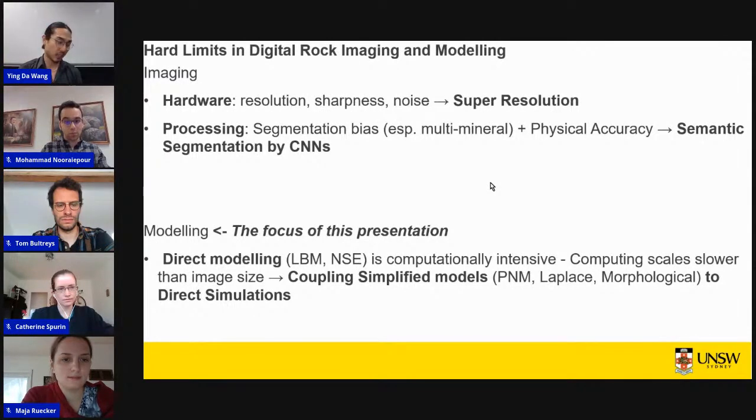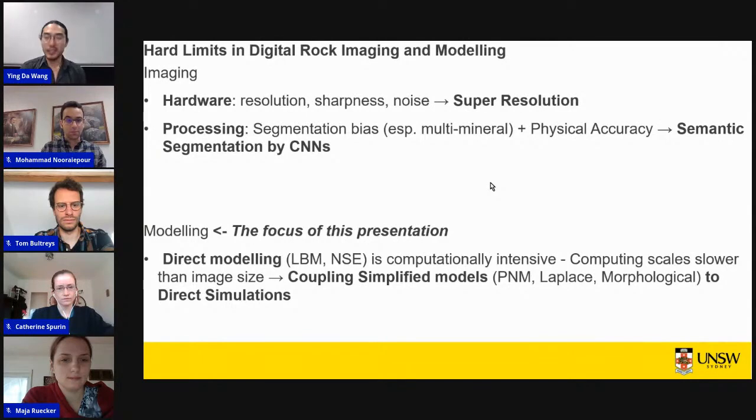During the segmentation process, there are numerous biases that can occur depending on what technique you use and who is using it. There are a number of new techniques that aim to surpass these limitations, but today we'll focus on the modeling standpoint.